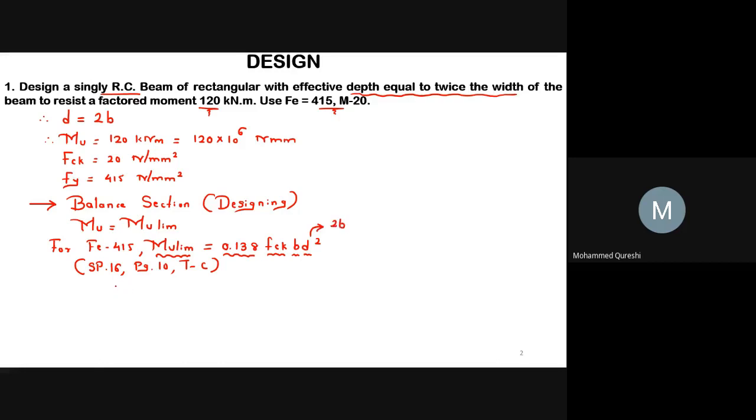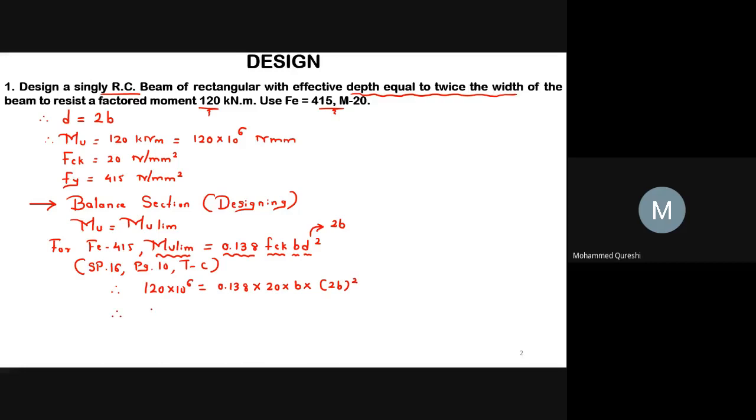So now we will input all these values in this equation. Therefore, 120 into 10 raised to 6 equals 0.138 into 20 into B into D square, and D is given as 2B, so D square is 4B square.